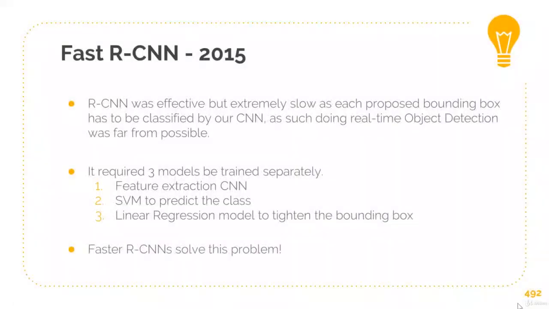So now let's move on to Fast RCNNs. This was released in 2015, the year after the original RCNNs came out. The problem with RCNNs was that it was effective, but pretty slow, as each proposed bounding box has to be classified by our CNN, and as such, doing that in real time was far from possible.